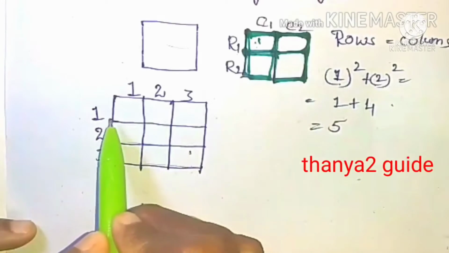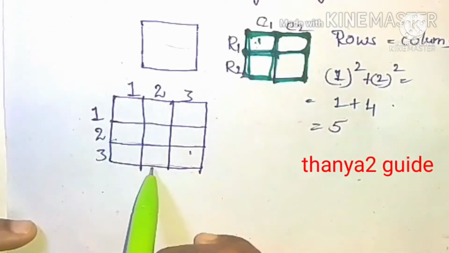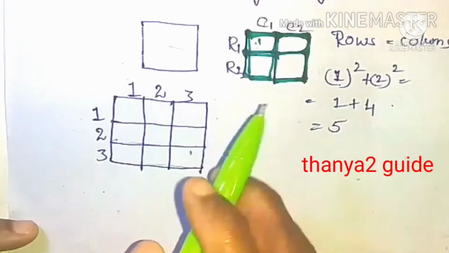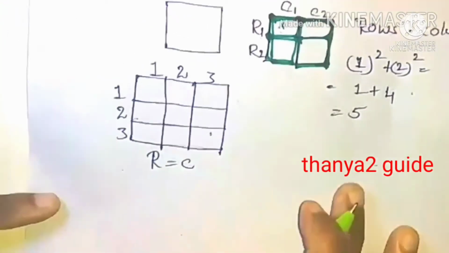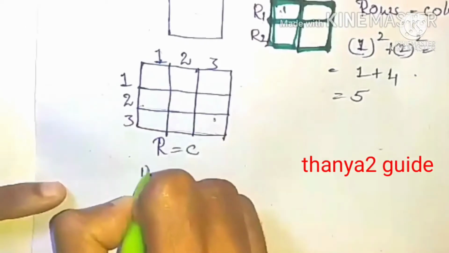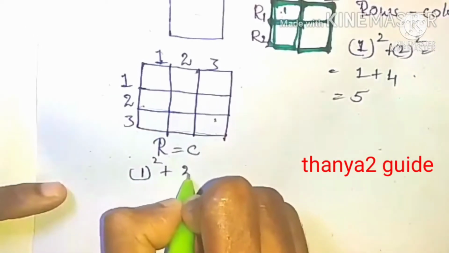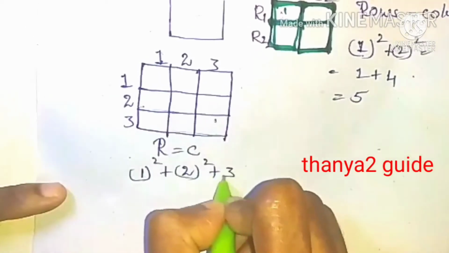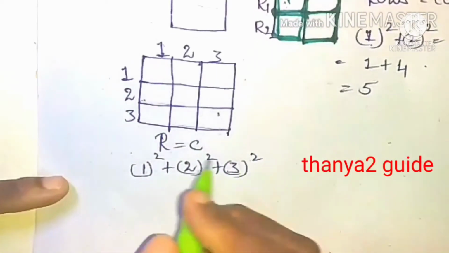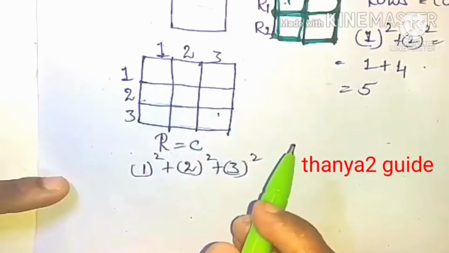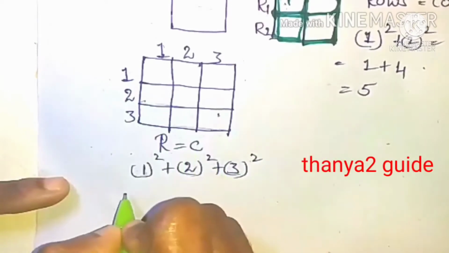Here the 1, 2, 3 rows and the 1, 2, 3 columns are equal, hence rows equals columns. Then what we have to do? 1 square plus 2 square plus 3 square. Here the number of rows and columns is equal, that's why we have to do it like this.